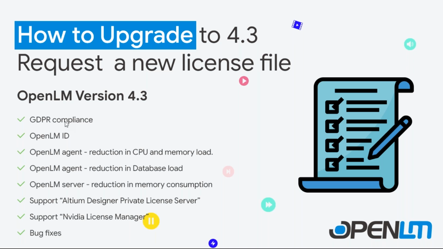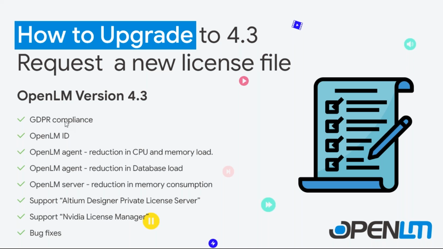You can anonymize the database, the usernames and everything. You can ask us to delete your personal information and your client information, everything that GDPR pretty much stands for. Now you'll get an OpenLM ID. In the OpenLM Server configuration tool, you'll have an ID, so you won't have to come up to us and say, hey, I'm from this and that organization. You'll just give us the OpenLM ID and it will be easier for us to find you.